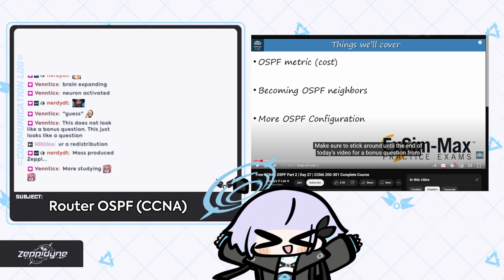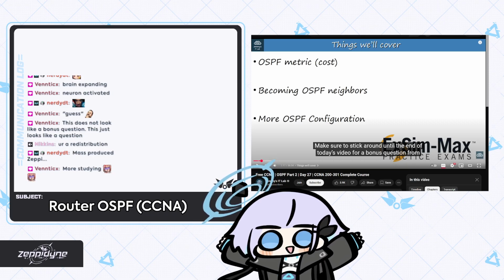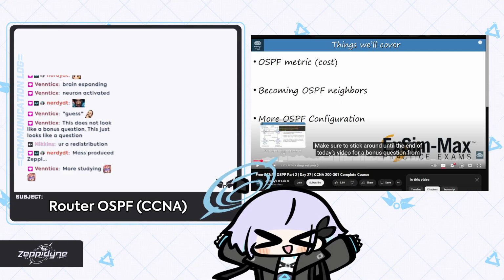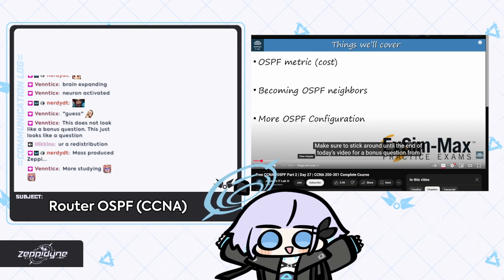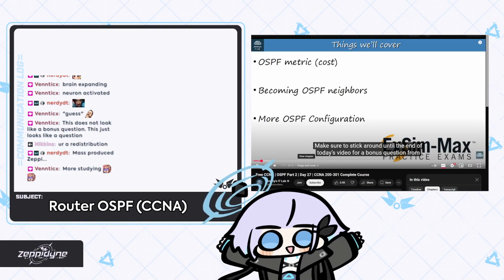OSPF metric is basically cost. Every connection has a cost set up, from what I understand.